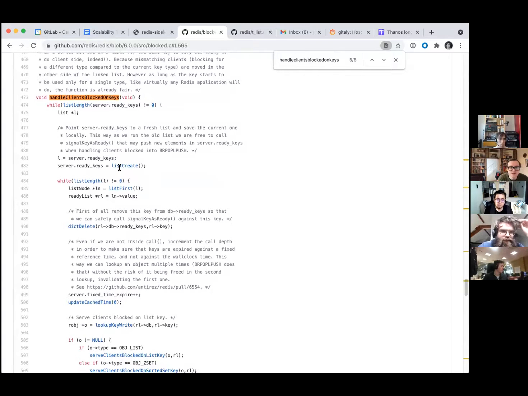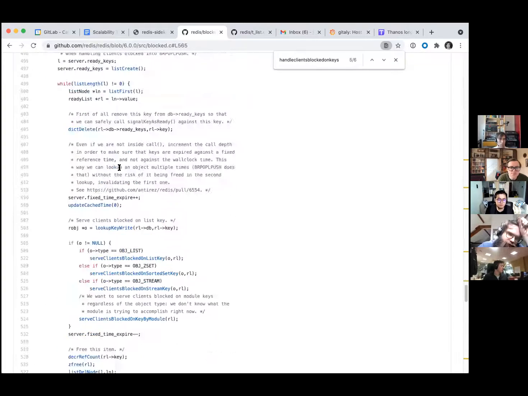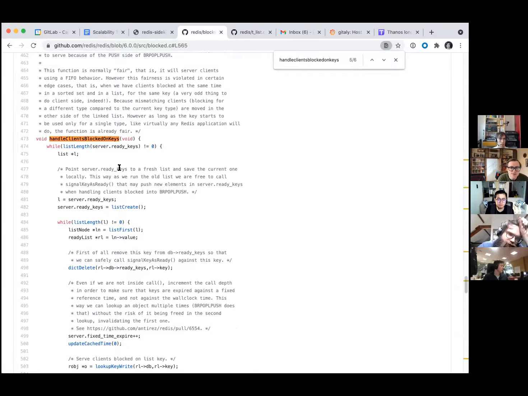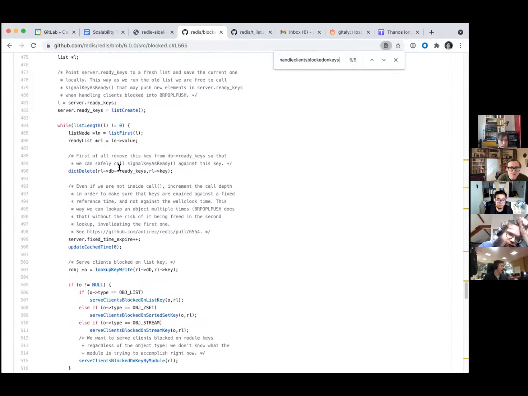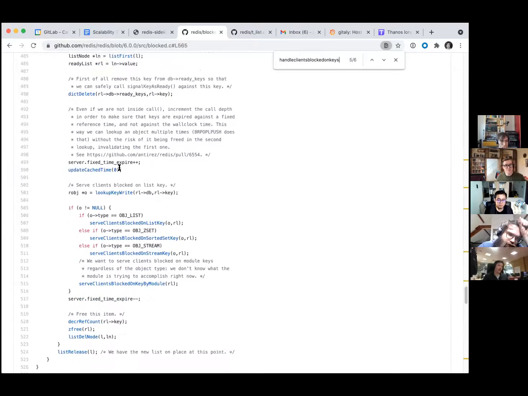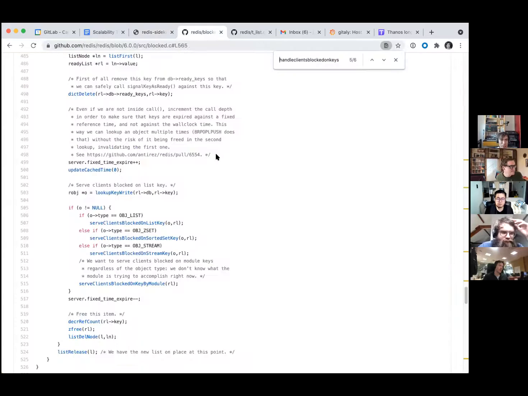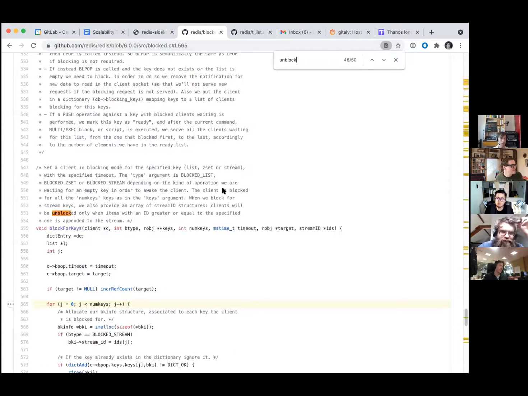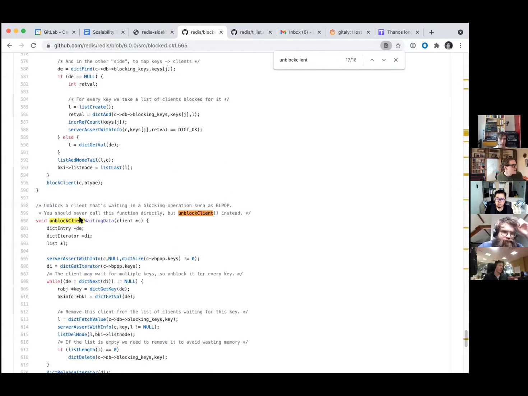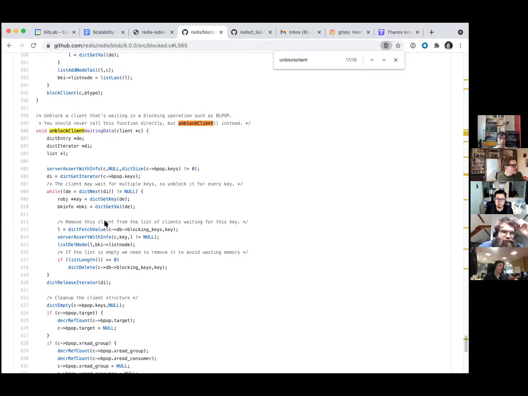So that loops over the ready keys. And then, the interesting one here, sorry, I didn't super prepare this, you can see here, it spends most of its time in unblock client. So I need to look for unblock client. And you then end up in unblock client waiting data.